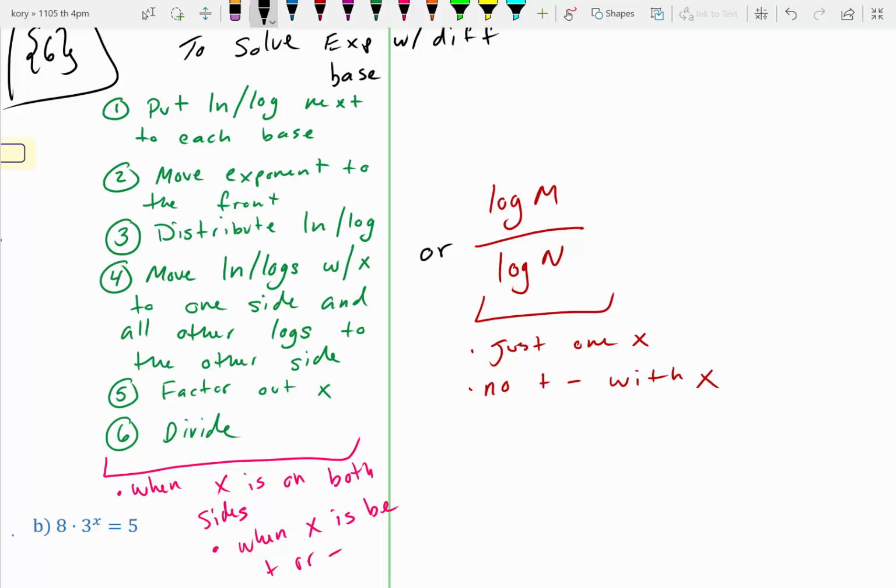If you have something that looks like example 4, where there are x's on both sides, or when there's an x that has a positive or negative, like it's adding or subtracting to the x, you have to do these 6 steps.